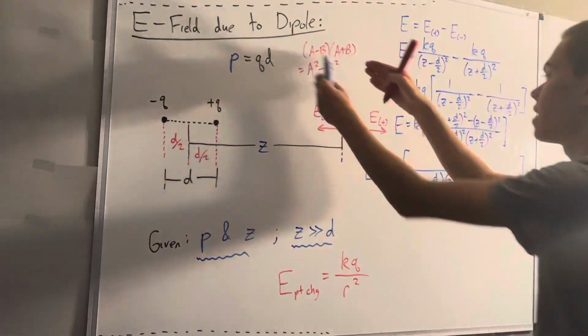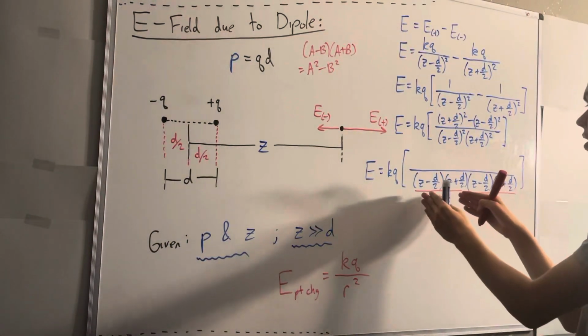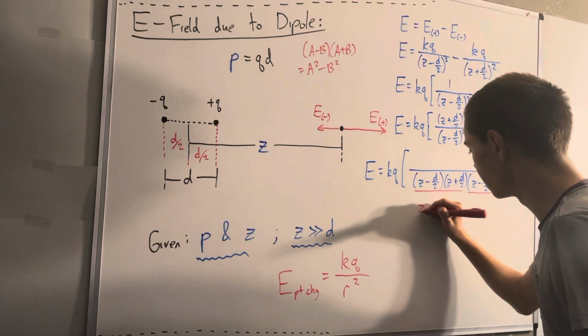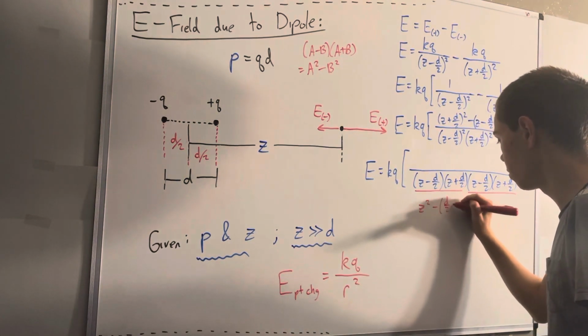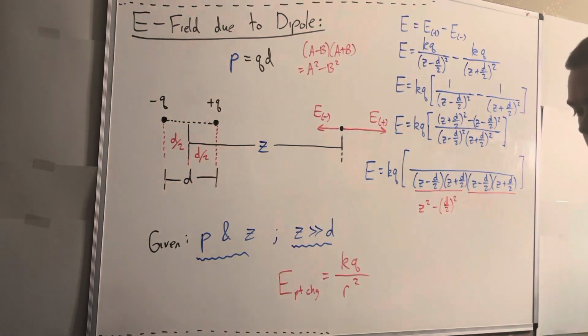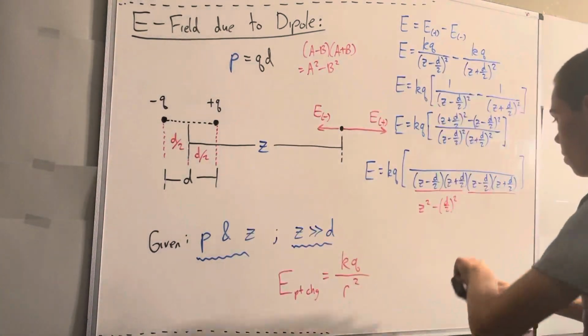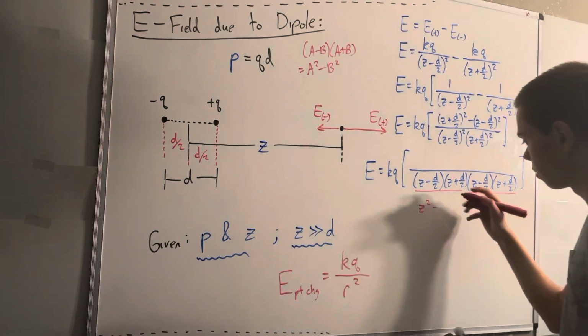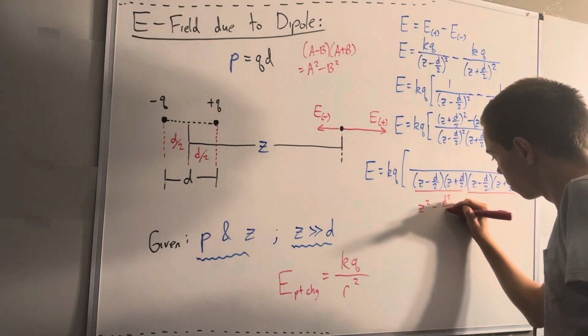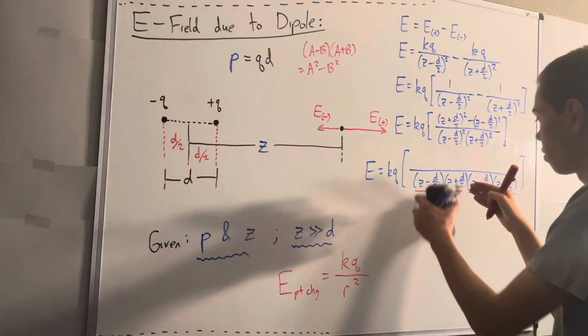And so we're just going to apply that idea to what we're doing right here, right? This is just going to be Z squared minus (D over 2) squared, right? Which is just D squared over 4. So that's what we would get for these terms.